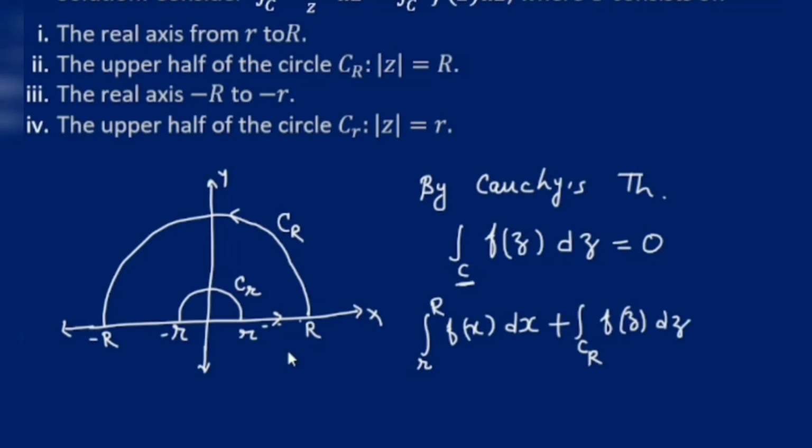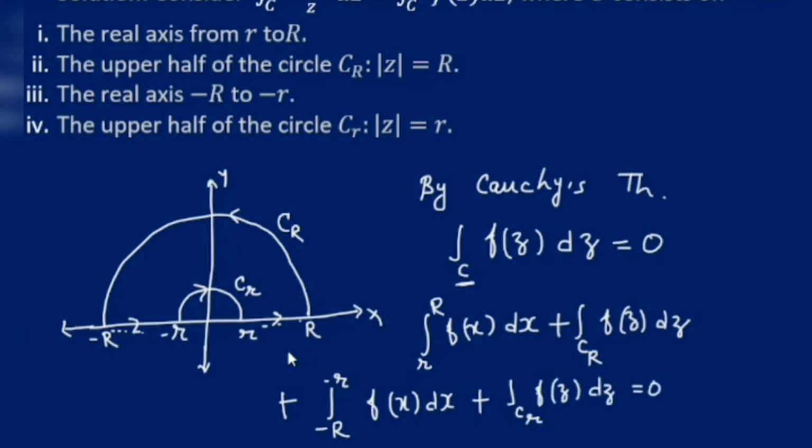Here f is a function of x and y both. And again plus this portion, the integral from minus capital R to minus small r of f(x) dx, plus this small semicircle, the integral along C_r of f(z) dz, is equal to 0. Suppose it is our equation 1.